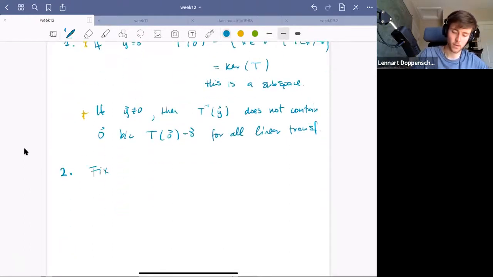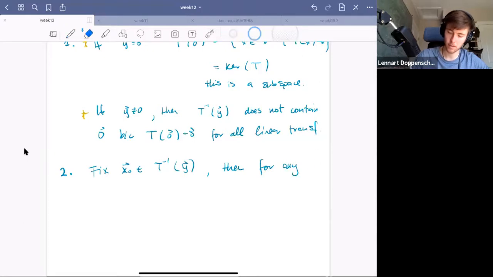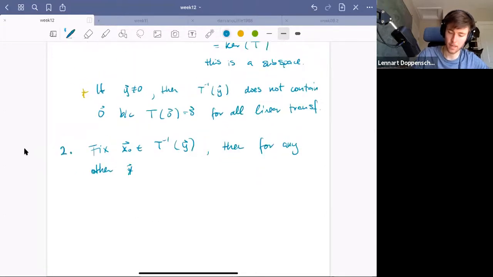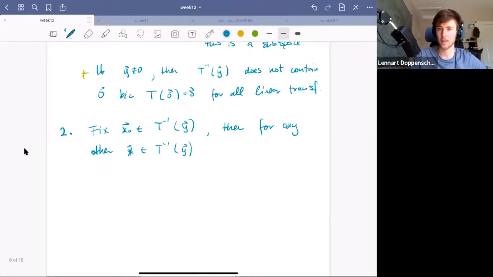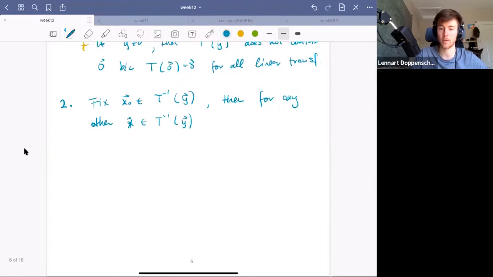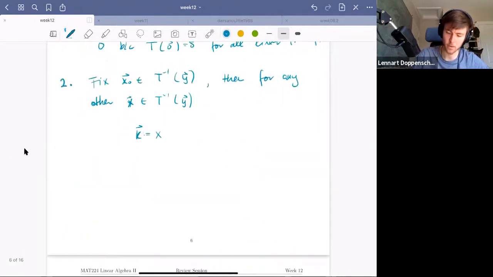So we fix x0 once and for all in the pre-image of Y. Then for any other x in the pre-image, the K is just given by the difference. There is no other K. So K has to be set to be x minus x0.